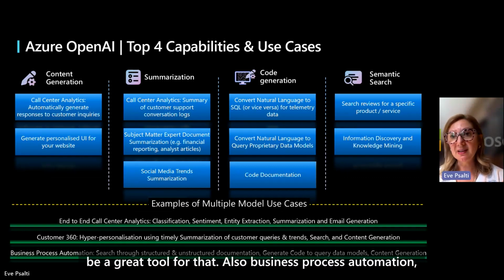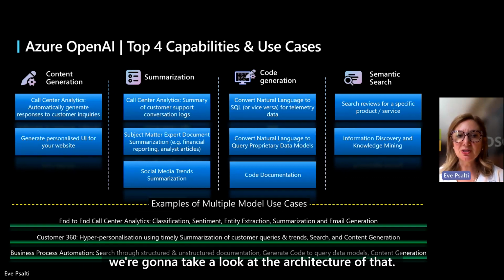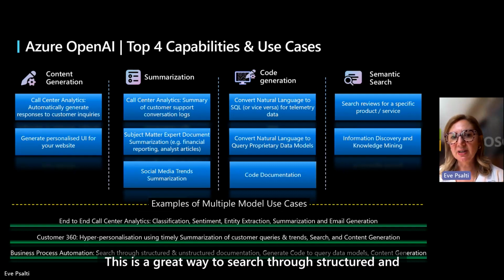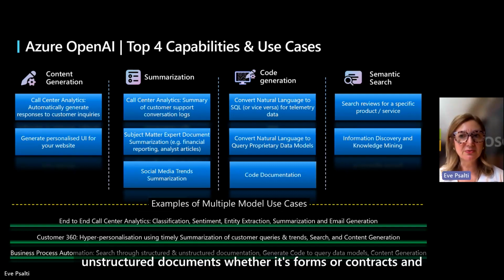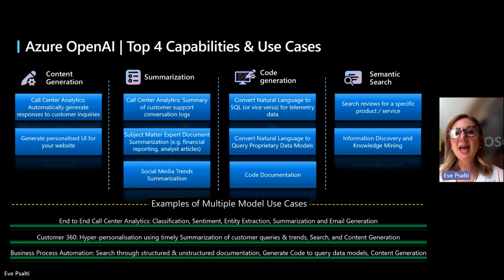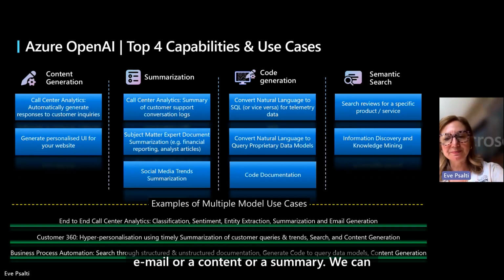So the Azure OpenAI will be a great tool for that. Also, business process automation. We're going to take a look at the architecture of that. This is a great way to search through structured and unstructured documents, whether it's forms or contracts, and create an email or content or a summary.